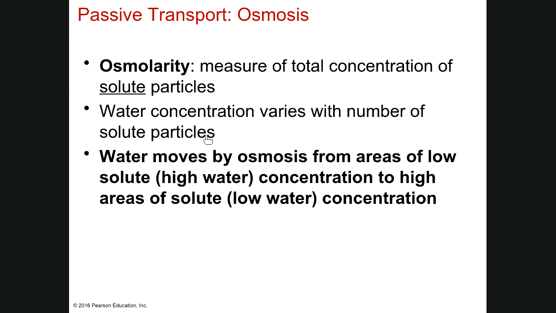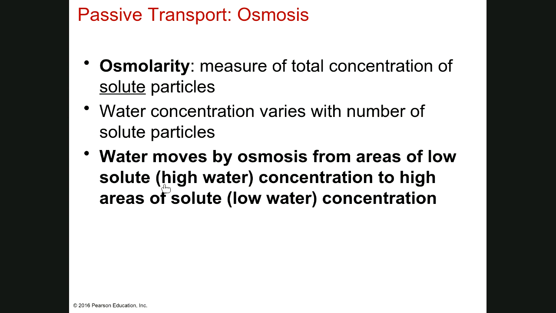All right, so now again, here's a definition of osmosis. The definition here says water moves from areas of low solute to areas of high solute. And that really is the best way to look at it.